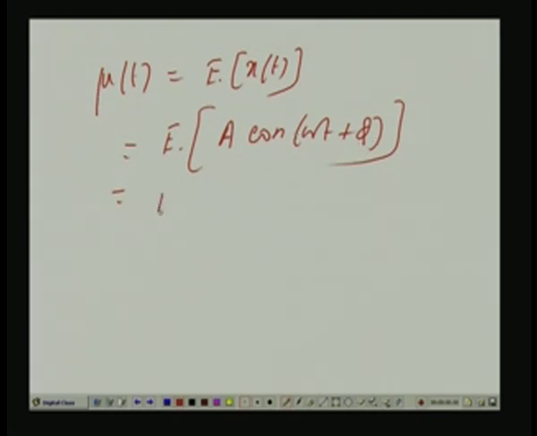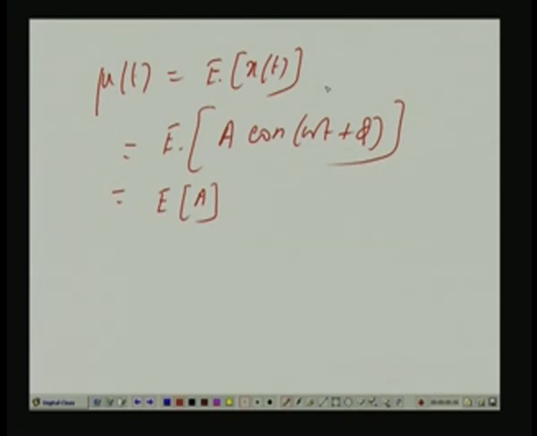So, that means this is nothing but E of A, because the joint density will be broken into two parts: probability density of A times A, integral with respect to A, that goes on one side, and probability density of phi times cosine omega t plus phi, an integral from minus pi to pi, because phi is from minus pi to pi, that is another one. These two give two separate expected values.